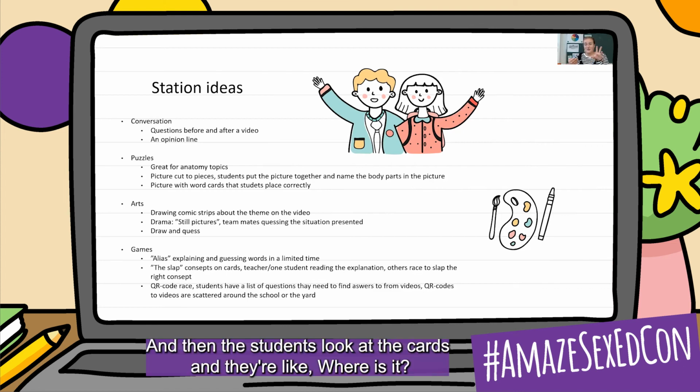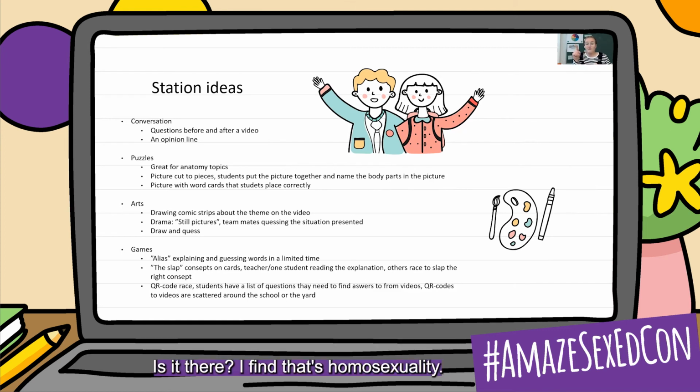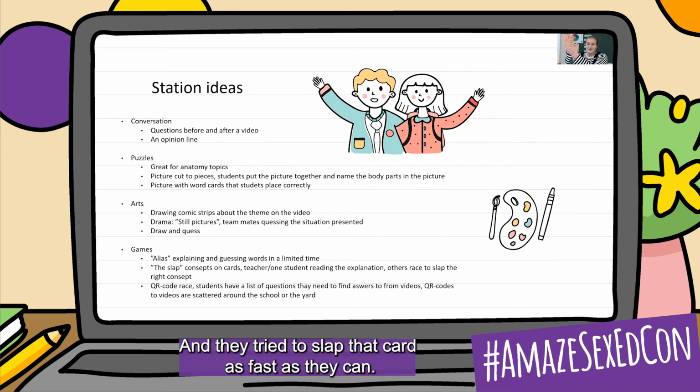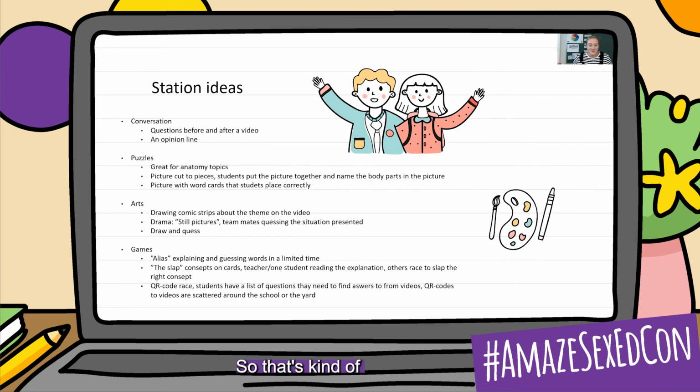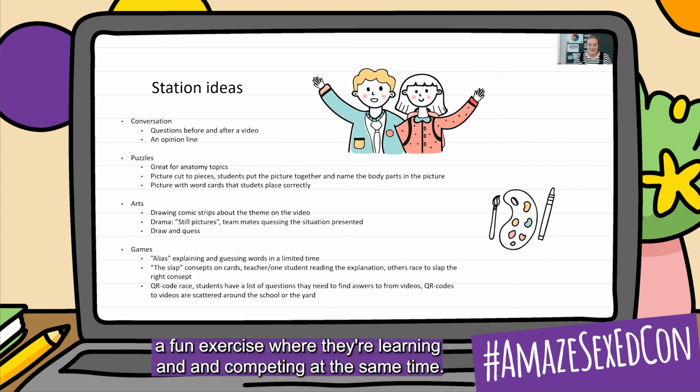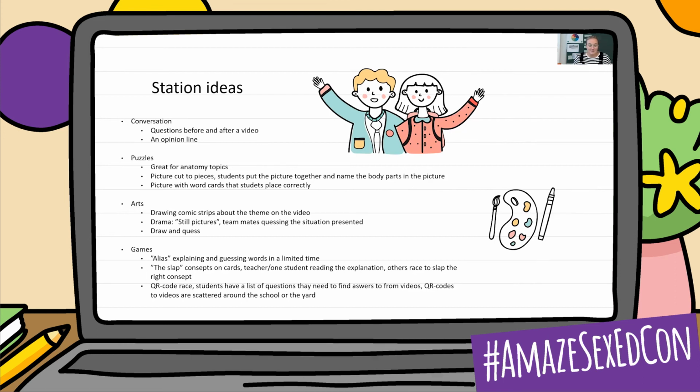And then the students look at the cards, like, where is it? There, I find that's homosexuality. And they try to slap that card as fast as they can. So they are racing to see who finds the right concept first. That's a fun exercise where they're learning and competing at the same time.